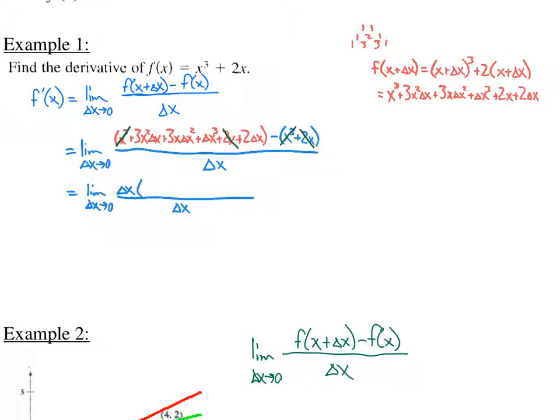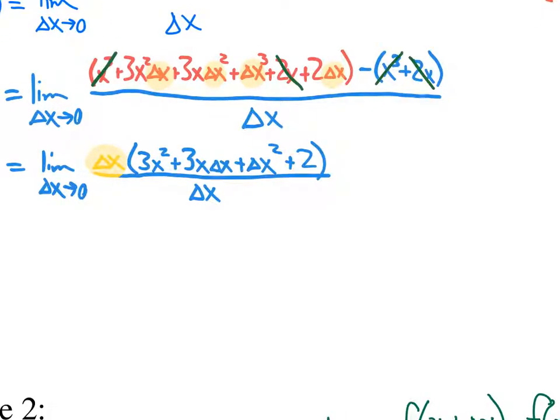So delta x, and now it's 3x squared plus 3x delta x to the first plus delta x squared plus 2. Okay? I pulled out the delta x from all four parts, if you can see that, kind of.